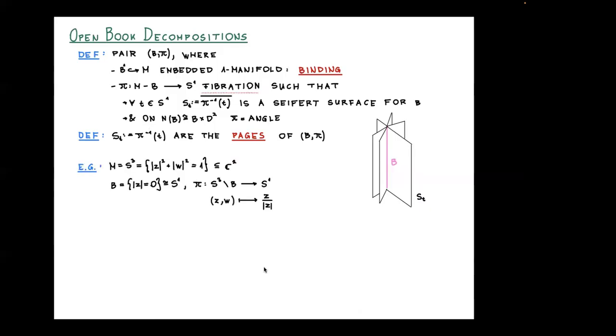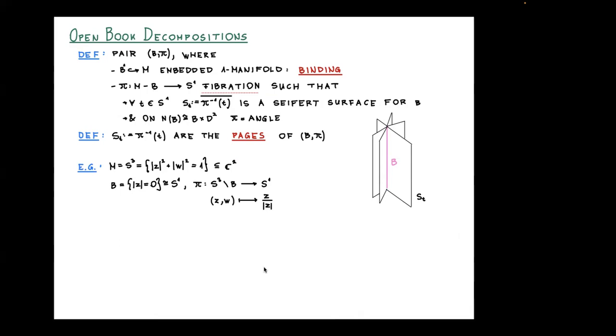Let me give you a concrete example using complex numbers. I'm sorry, the last point of the definition of open book decomposition is basically stating that there exists some local neighborhood. Exactly. Okay, thank you.